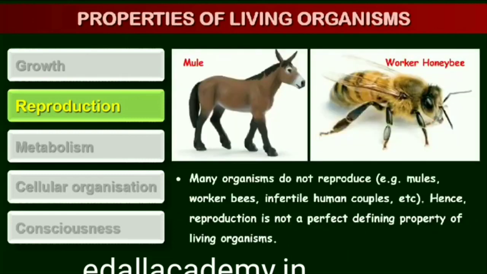Further, there are many organisms which do not reproduce: mules, sterile worker bees, infertile human couples, etc. Hence, reproduction also cannot be an all-inclusive defining characteristic of living organisms. Of course, no non-living object is capable of reproducing or replicating by itself.